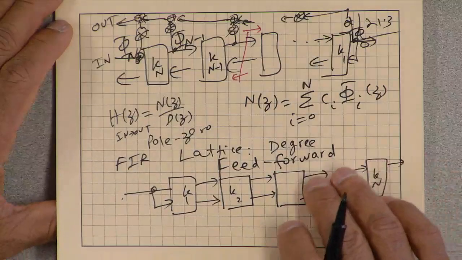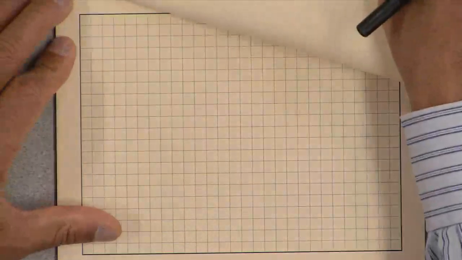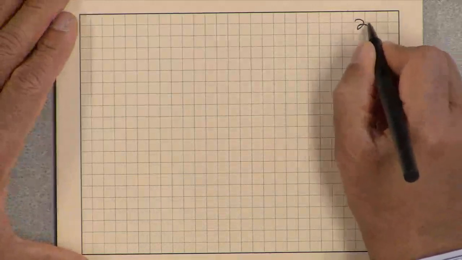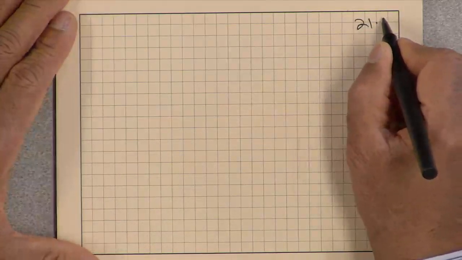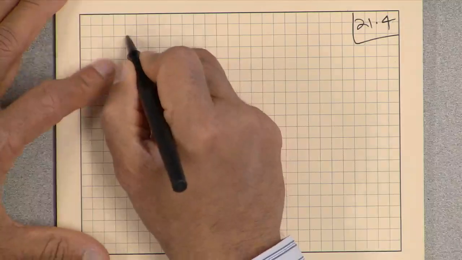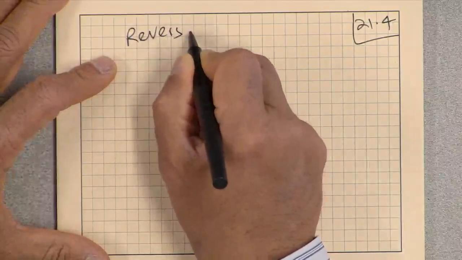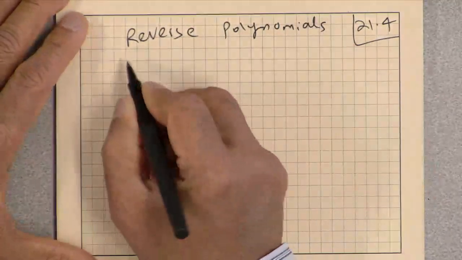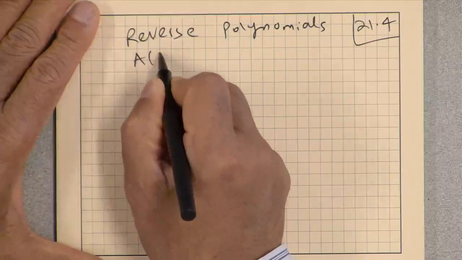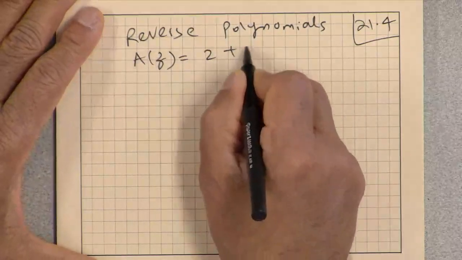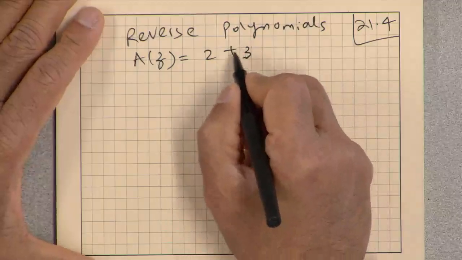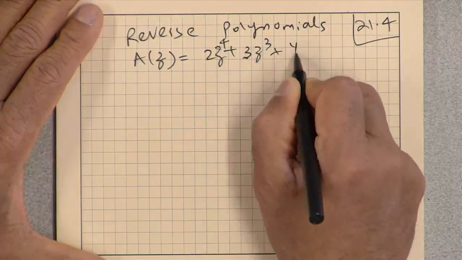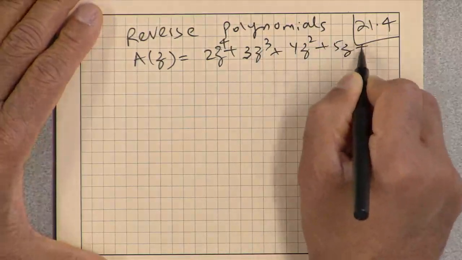Okay, so let's start with what is this degree reduction process, and to get into the degree reduction process, we need to talk about the definition of reverse polynomials. So let's say that I have a polynomial A of z, say 2z to the power 4 plus 3z cubed plus 4z squared plus 5z plus 6, for example.